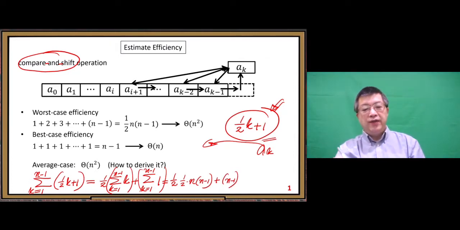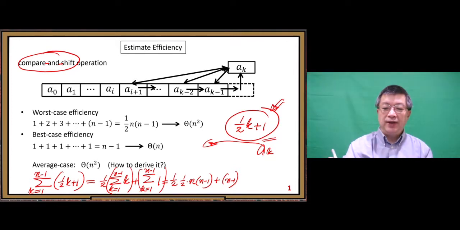This is a good estimate. You can write it, if you want to simplify, as 1/4 n times n minus 1 plus n minus 1.